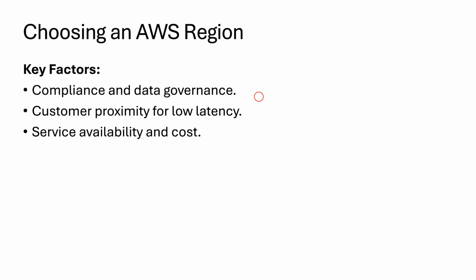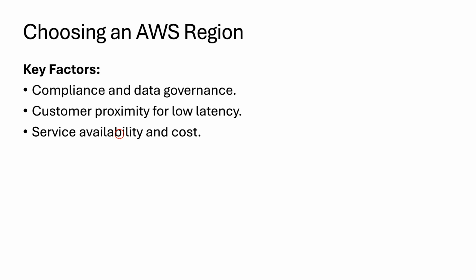And the third point is service availability. Service availability is a very important concept you need to remember. Why? Because all the services are not available in all regions. Some regions won't have all the services.